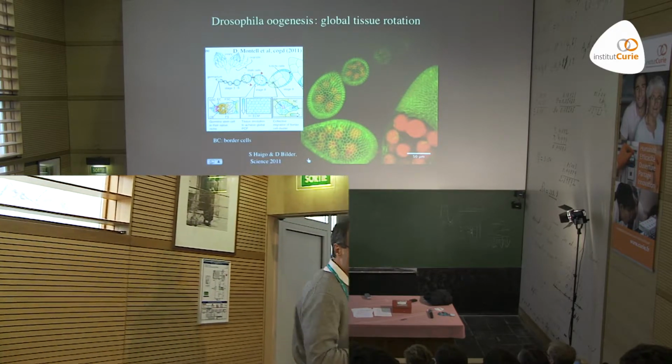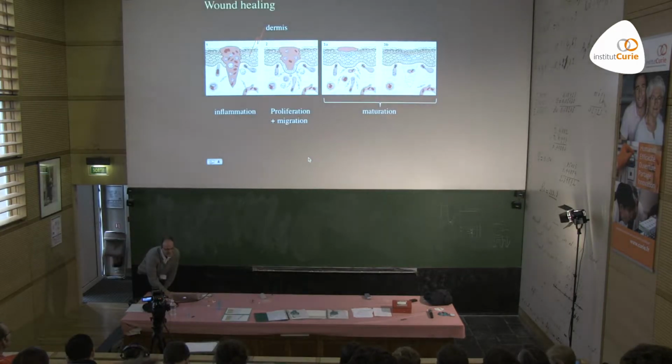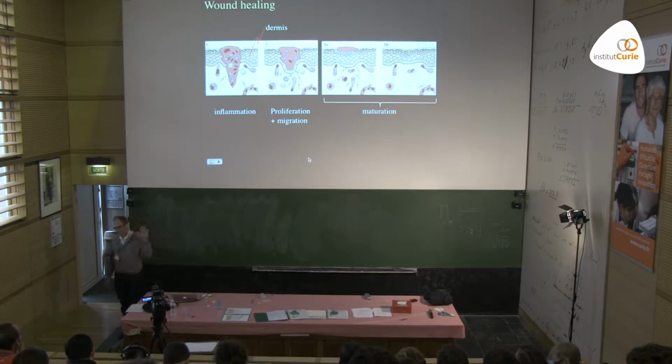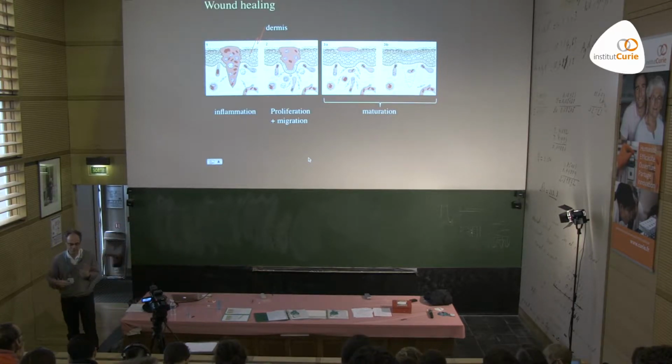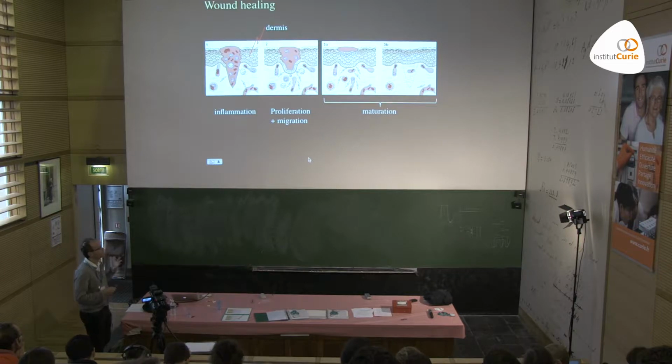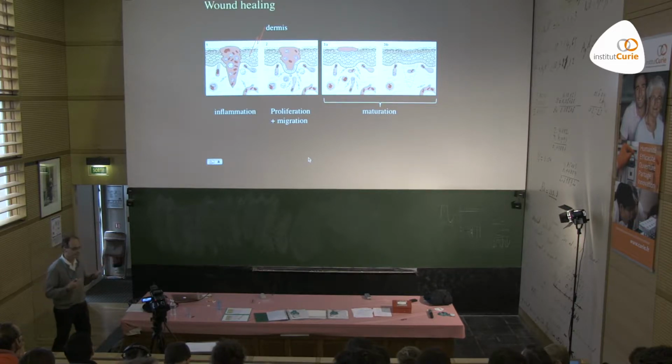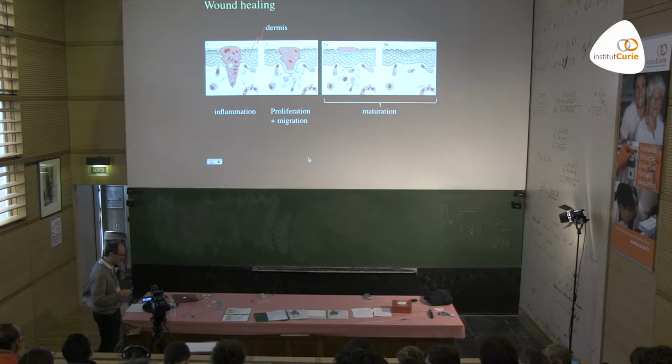So, okay, let's proceed a little bit. That was in some sense normal development. But of course, there is also cell motion in pathology, and one of them is wound healing.